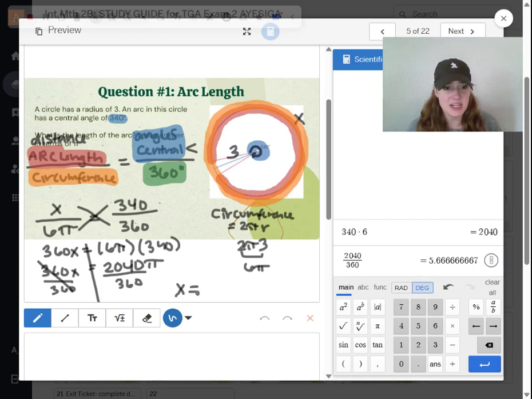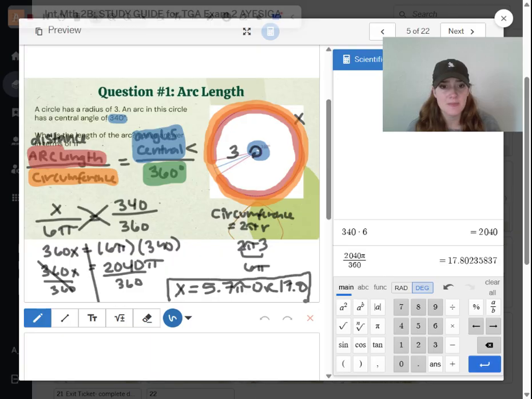So x would equal about 5.7 pi, or if they were asking us what that is exactly, 17.8. We were finding arc length, but they didn't give us any units, so we'll just leave it as that. There we go, and that's it.